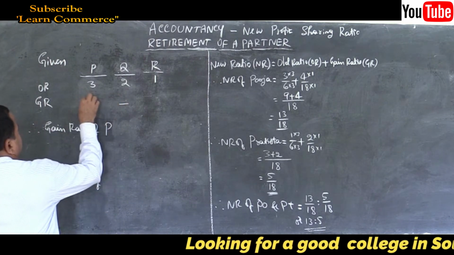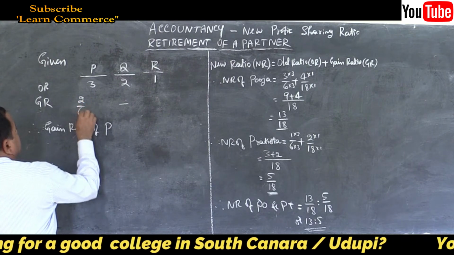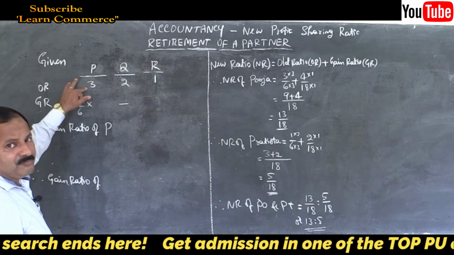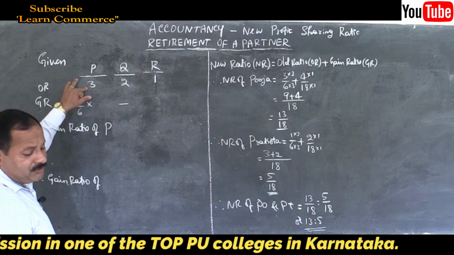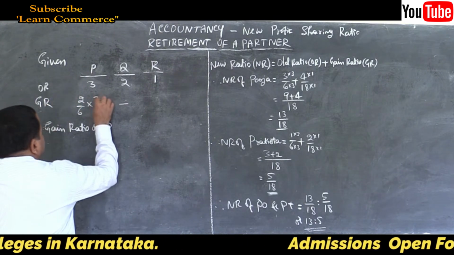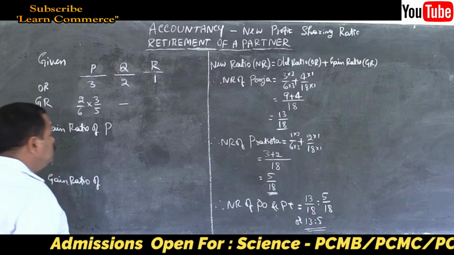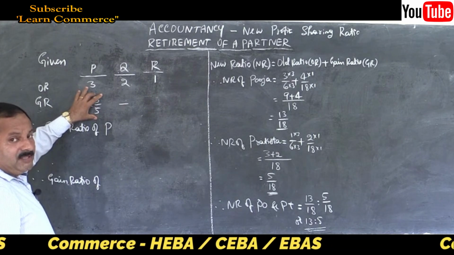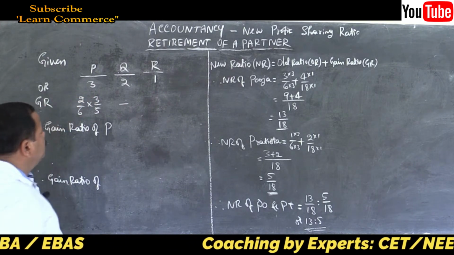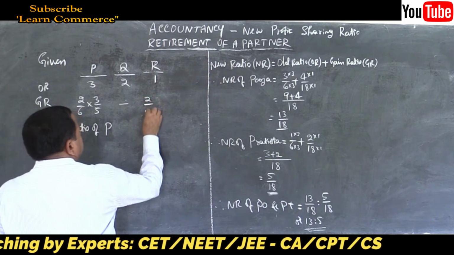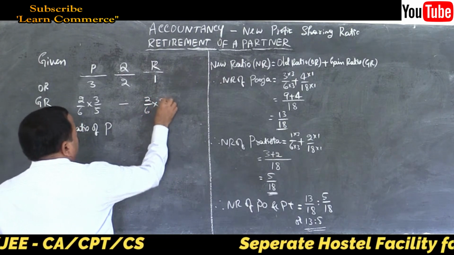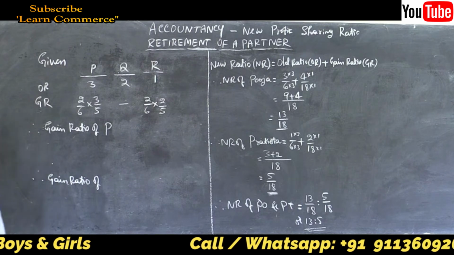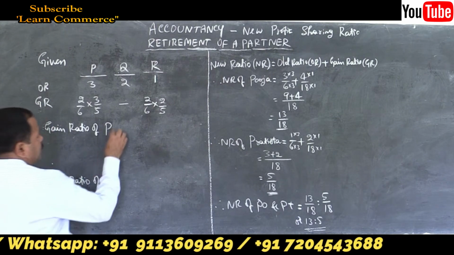So 2/6 ratio of Q is acquired by P in the ratio of 3:2, that means 3/5. Here again R, retiring partner share 2/6 into acquired in the ratio of 3:2 means 2/5.